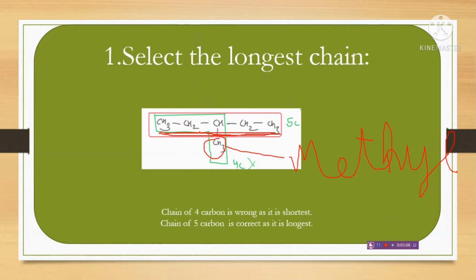So let us find the locant number: 1, 2, 3, 4, 5. So the secondary prefix becomes 3-methyl, the word root is pent since 5 carbon atoms are present, and ane is the primary suffix.